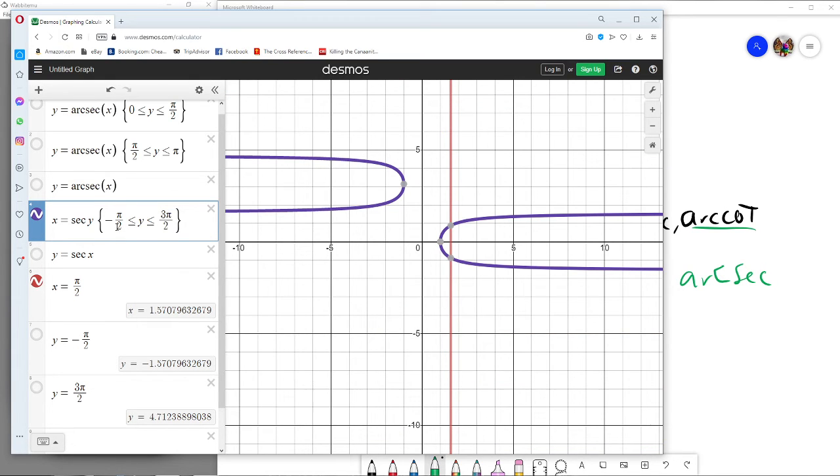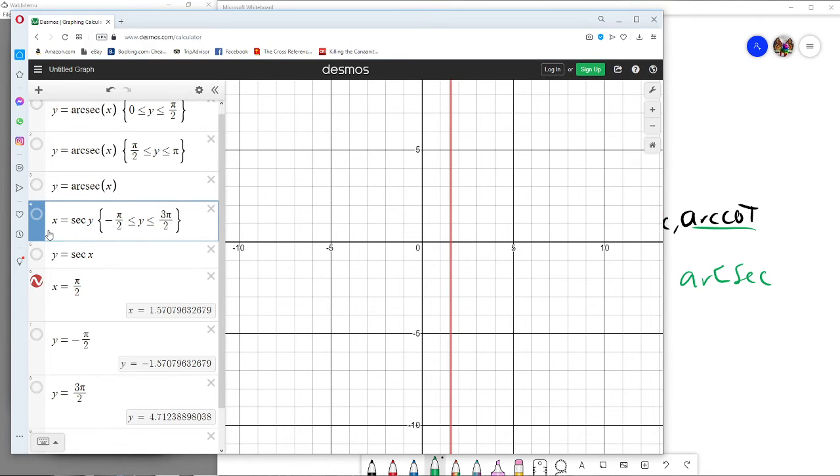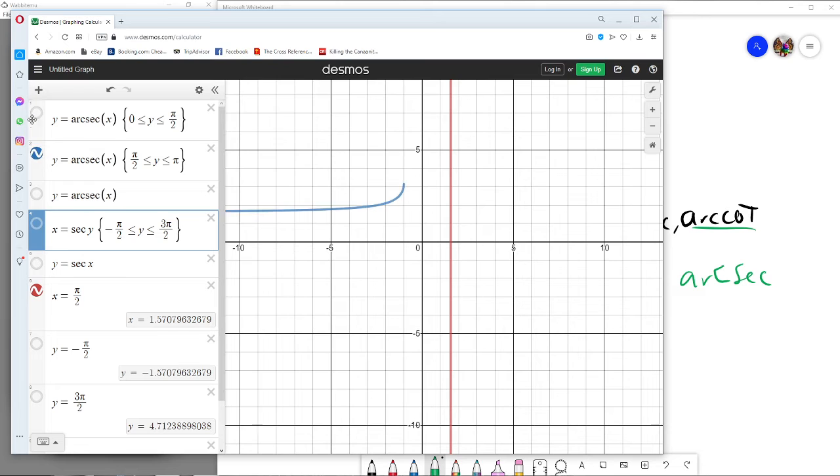If we set this as our domain restriction, we still face this problem, so we have to chop our u's in half. If we make this restriction here and keep just this half and this half, we now can pass the vertical line test. That is how we will define it.